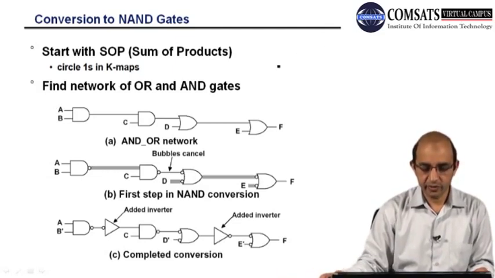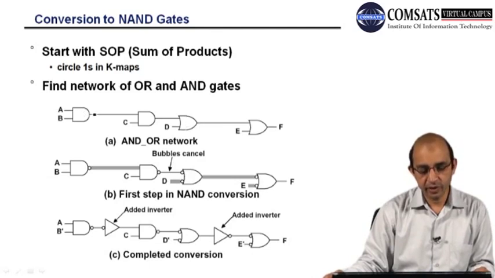Then we will draw the network, and here we have AND OR logic. And then after that, we have to push the bubbles. So we have pushed two bubbles here, one bubble here. Wherever we have AND OR, we will push two bubbles.